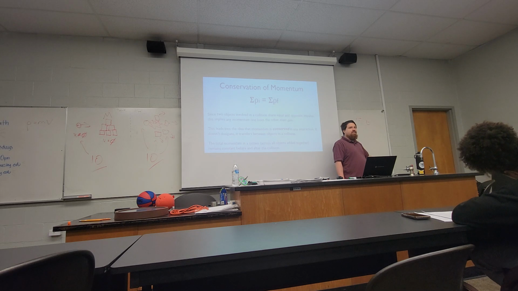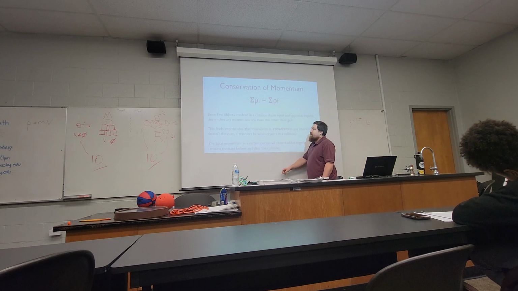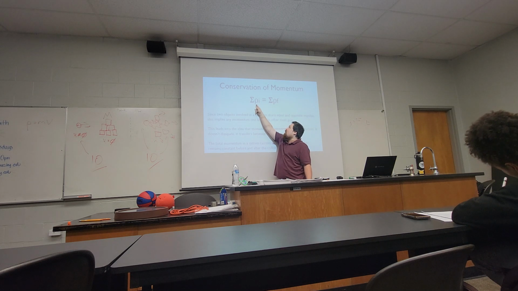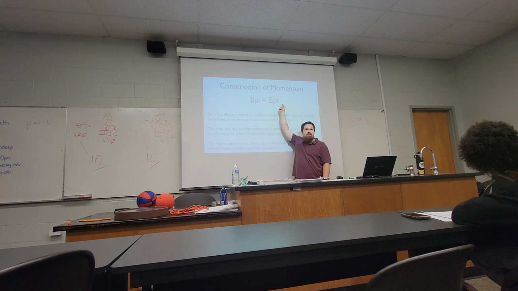That's a concept. How we feel so far? All right. This equation, because that is technically an equation, says sigma rho initial equals sigma rho final. That is again literally total momentum on the initial side must equal the total momentum on the final side.